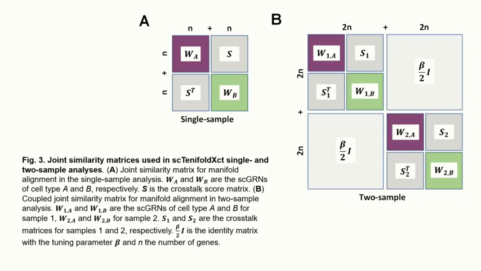So this analysis will detect the change of the interaction relationship. It may have strong interaction in a healthy individual, but the interaction is lost in the patient. Okay? So we can detect those by incorporating this into a huge matrix, like a two-sample analysis.